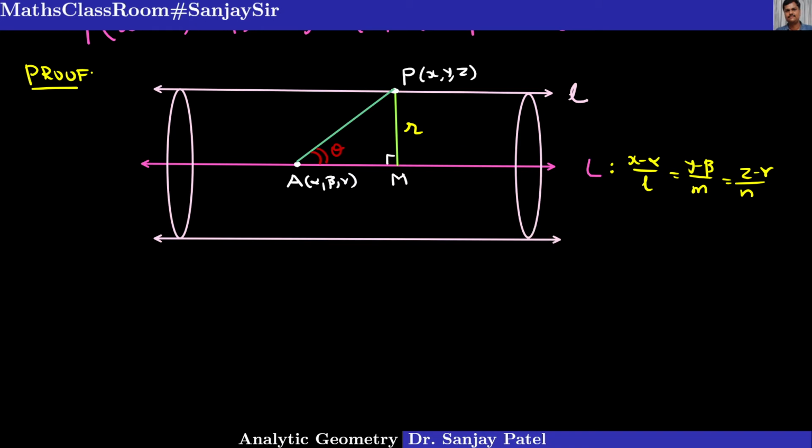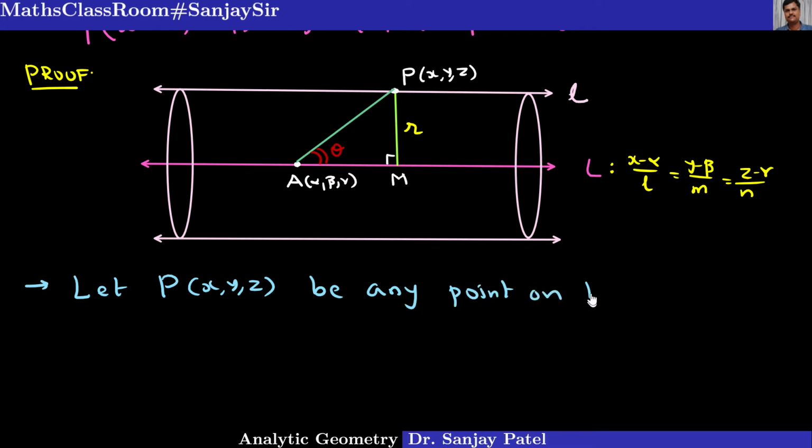So let us start the proof this way. Let P(x, y, z) be any point on the right circular cylinder.